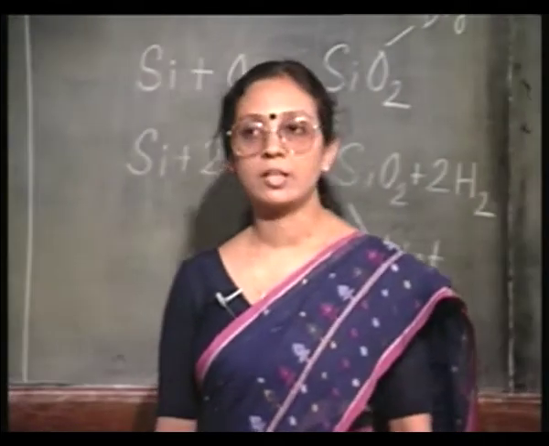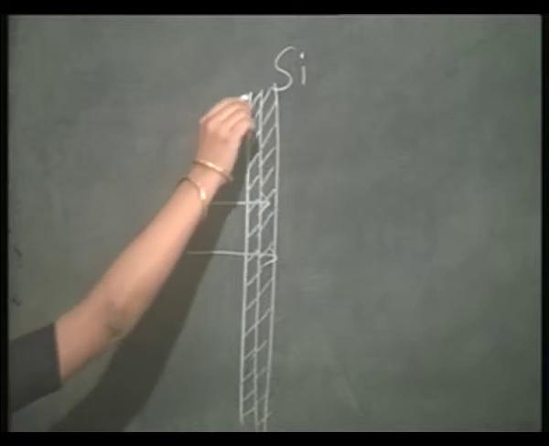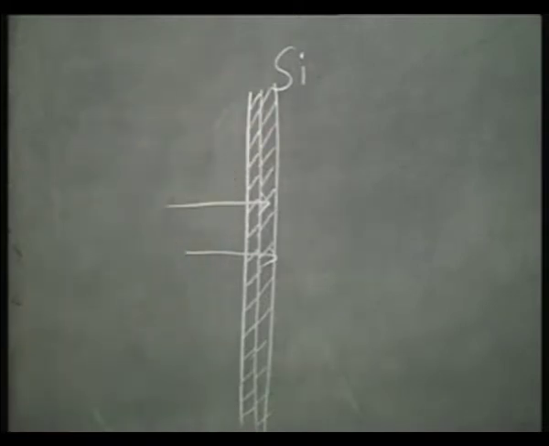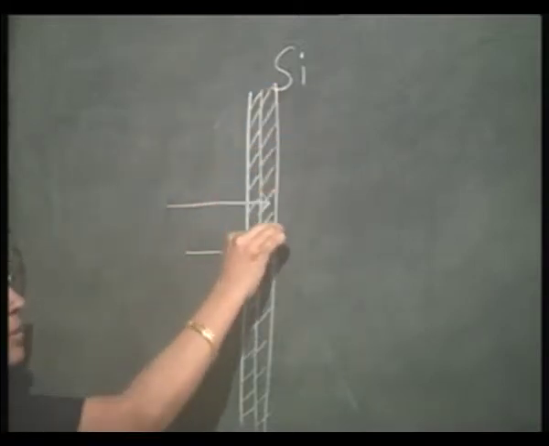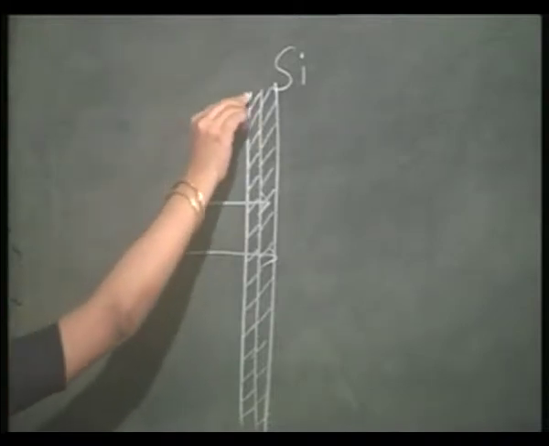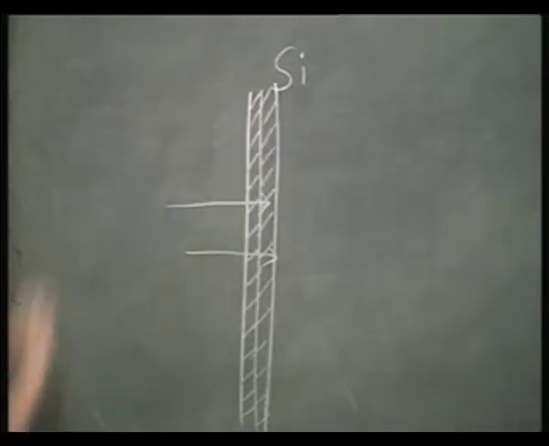In case of thermal oxide, therefore, you see oxide is growing in this direction. That means the interface is not the original surface. Do you see? The original surface was here. Now, the interface is here, it is not the original surface.